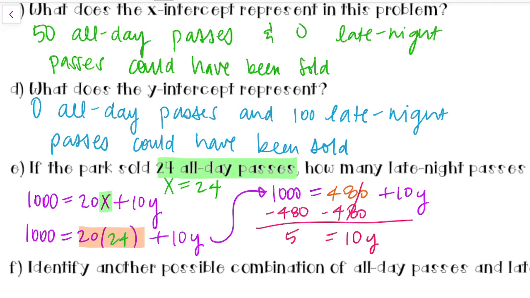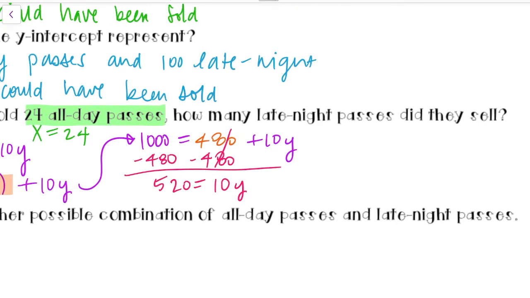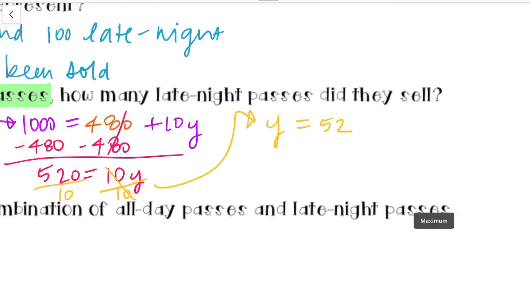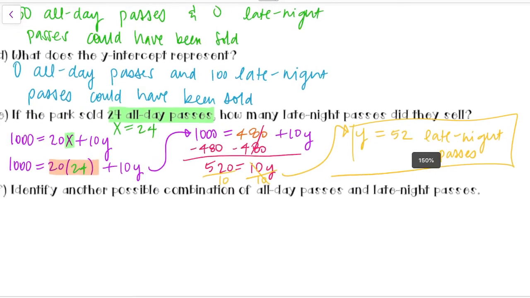So 10y equals 520. And then lastly, to get y by itself, we undo the last thing attached to it, which is the 10. It's attached by multiplication, so to undo it, we use division. Y equals 52. So our question was, if they sold 24 all-day passes, that means they had to have sold 52 late-night passes in order for them to have made $1,000.